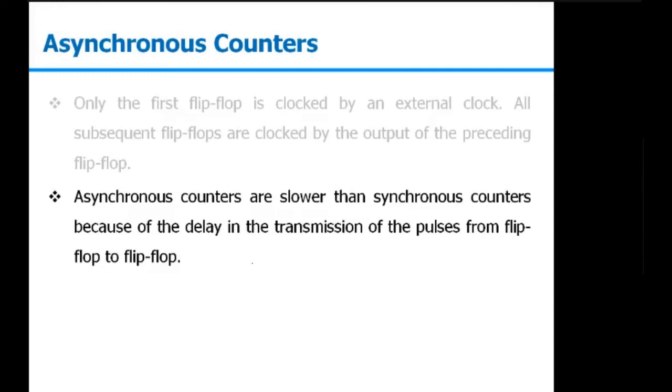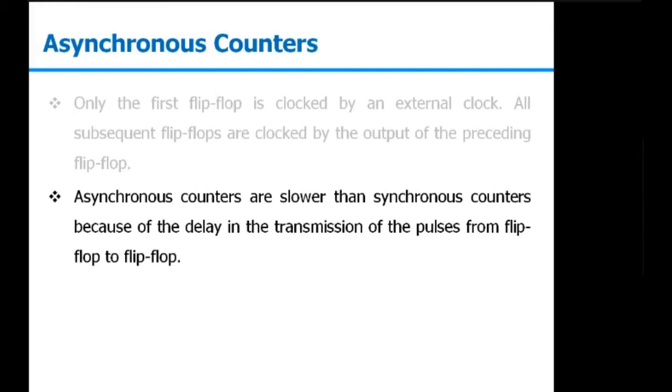Why will it be slower? Because in this case, Q3 will be waiting for Q1 and Q2, and that will only change if you get a positive edge at the preceding stage output. That's why it is the slower one. Whereas in a synchronous counter, with the occurrence of the clock edge, all the flip-flops work and you get the outputs. So that's why asynchronous counters are the slower ones.